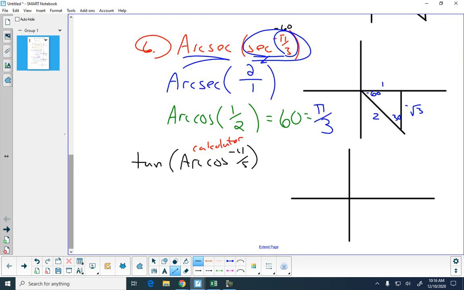Just click into your calculator the inverse cosine of negative 4/5, and then draw an angle in that quadrant.